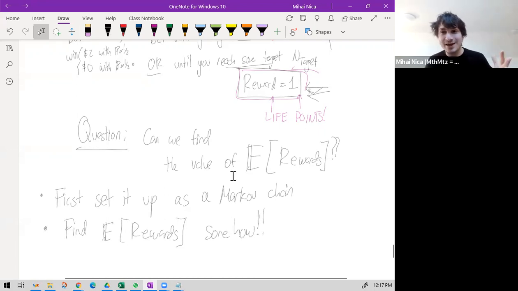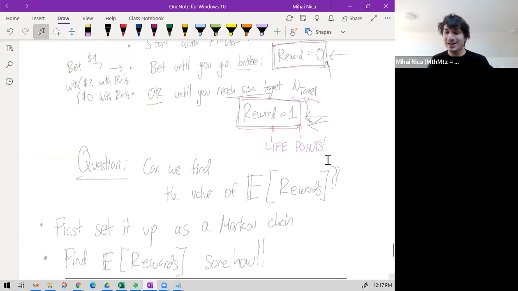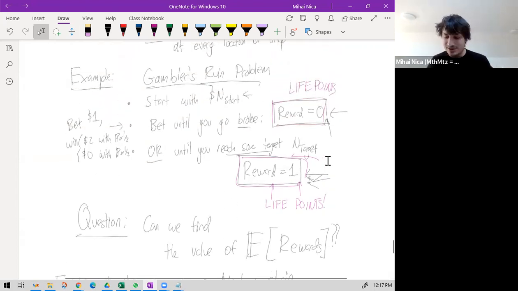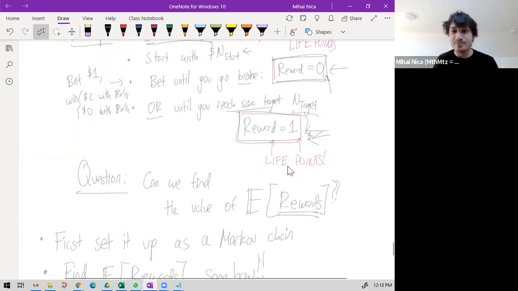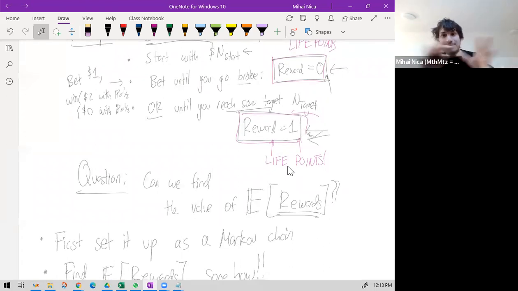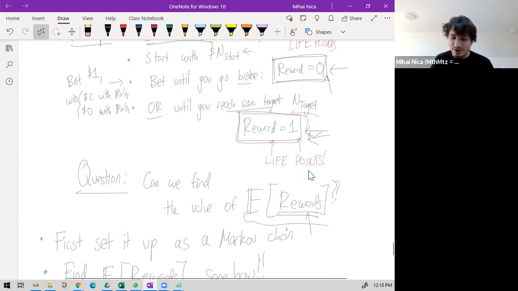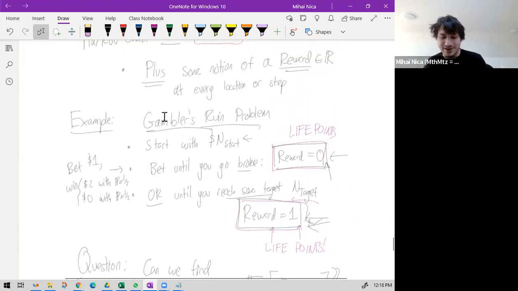I will say the other thing that maybe should spring to your mind if you've taken a stats class recently is whenever you have a question like this, you have some random variable reward. Reward is a complicated random variable that depends on what happened in the Markov chain. So it's some maybe complicated process that gives us reward, but you can simulate it. So one way you could estimate the expected value of the reward is to run what is called a Monte Carlo simulation, which is extra appropriate here because it's a gambler.